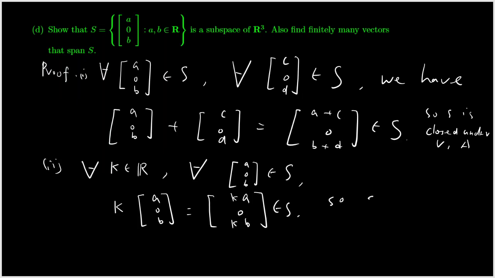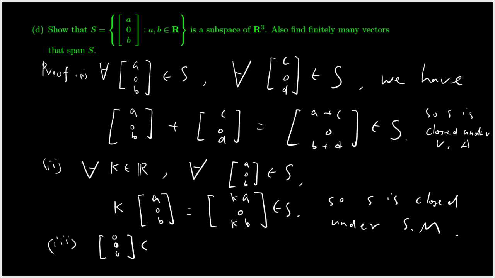And then you say, so S is closed under scalar multiplication, right? And lastly, the 0 vector is indeed in S. Again, you look at the second component. As long as the second component is equal to 0, then that's a vector in S. So we have verified all three conditions, right?